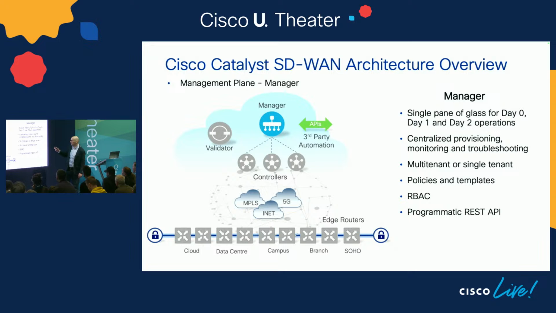It does centralized provisioning, monitoring, and troubleshooting. So that's where you would troubleshoot. Something happens, you get alerts in there. You can connect to all the edge routers through the manager. It can be multi-tenant or single-tenant. All the policies and templates are defined on the manager.